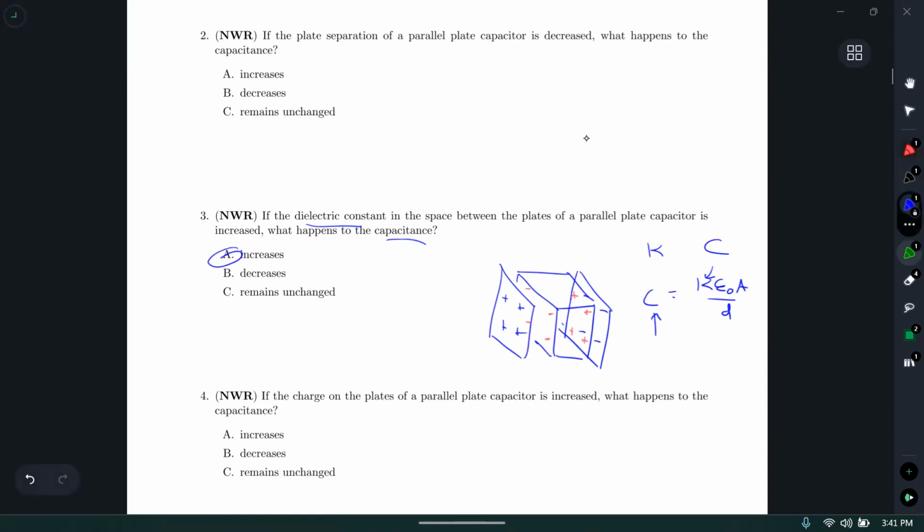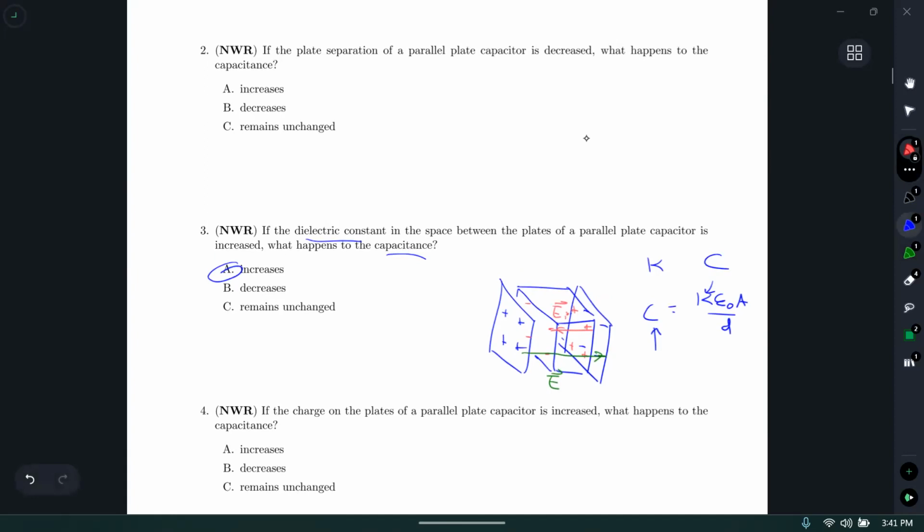Because of that induced field, I start out with this original electric field between the two capacitor plates. The induced field from the dielectric is an opposing electric field, the induced one. So the net electric field, what I end up with, is something a little bit weaker than what I started with.